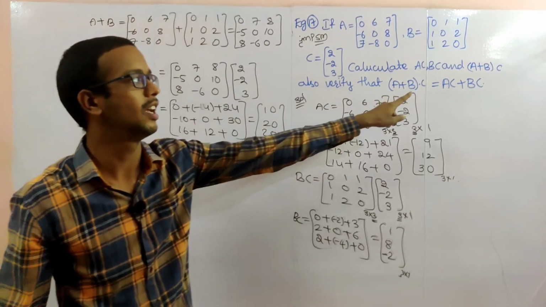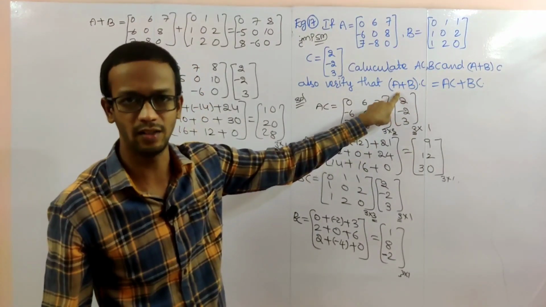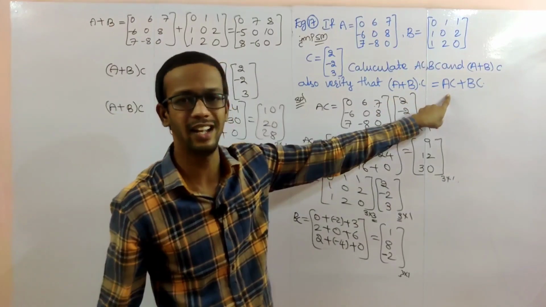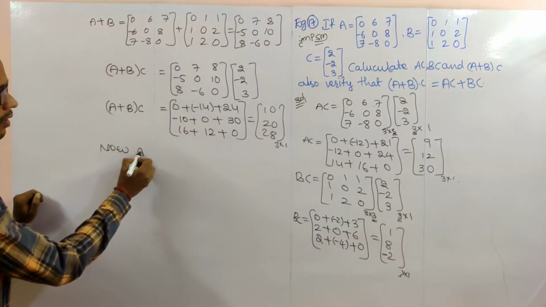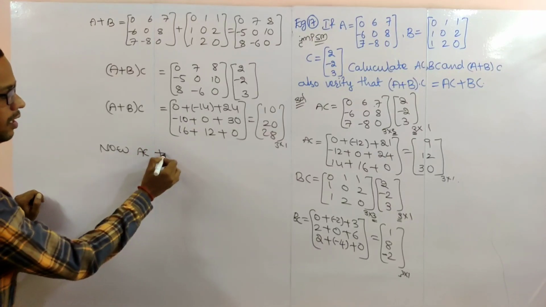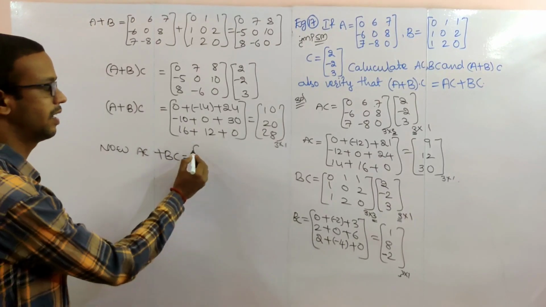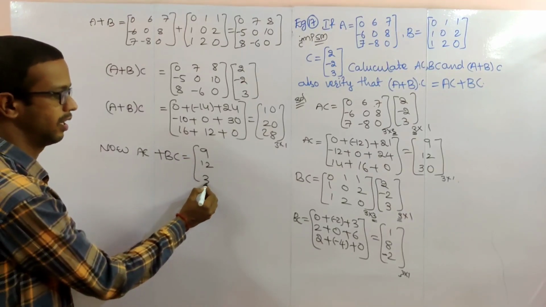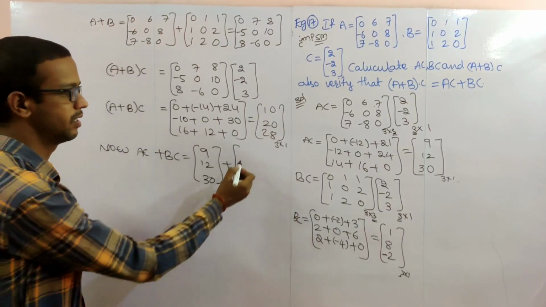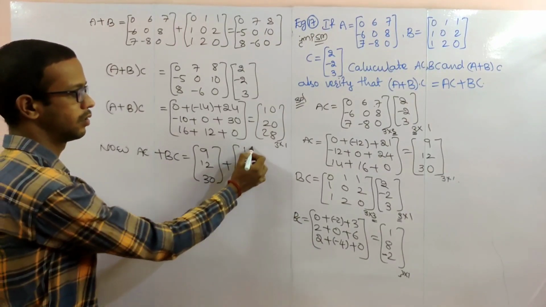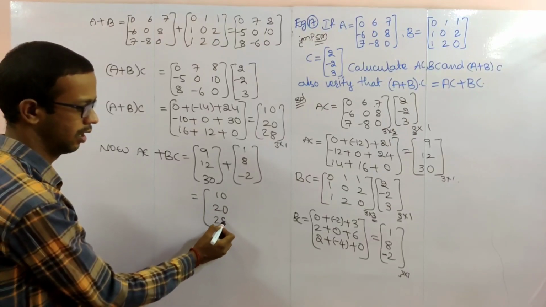Next, what we need is AC plus BC. This one is completed on the left side, and on the right side AC plus BC is there. I'll find it now. What is the AC matrix here? AC matrix is 9, 12, 30, plus the BC matrix 1, 8, minus 2, which gives 10, 20, 28.